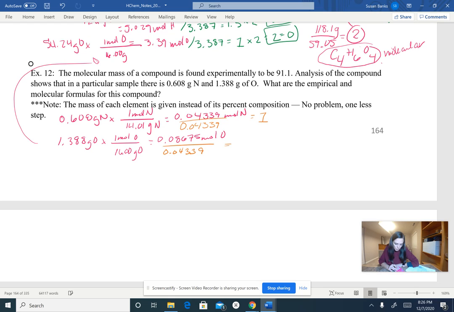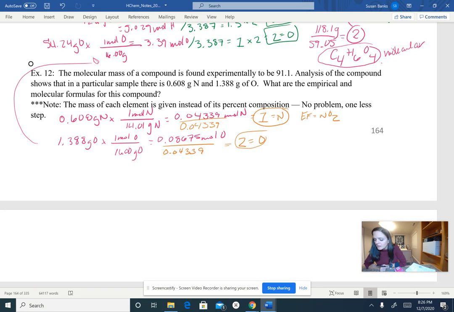So let's divide that 0.08675 by 0.04339. And I get 1.999. That's pretty dang close to 2. So that means I have 1 nitrogen for every 2 oxygens. Now that's my empirical formula.